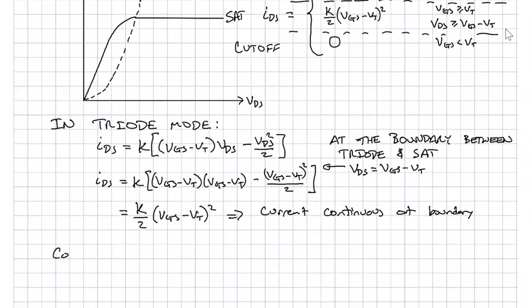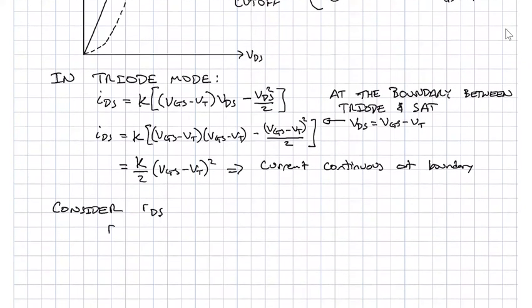So if we consider RDS, call it a little one, not that it matters. So if we consider the drain to source channel resistance, we could say that RDS, if we wanted to find it, ideally we would just say it's the incremental change in VDS divided by the incremental change in IDS.